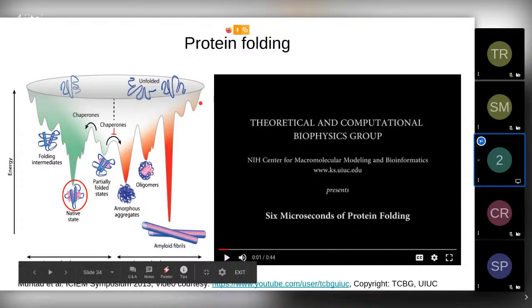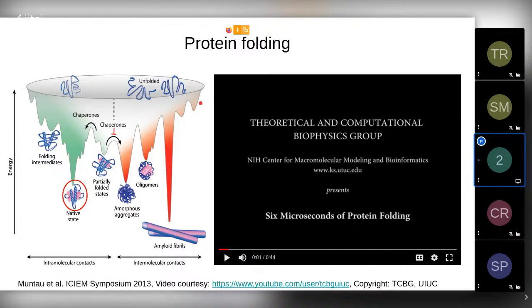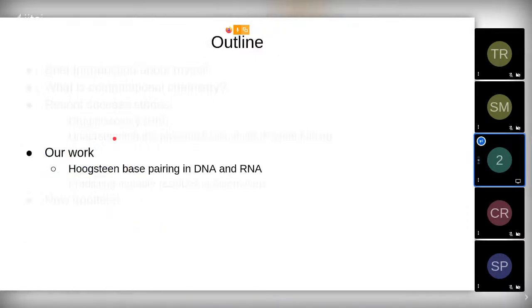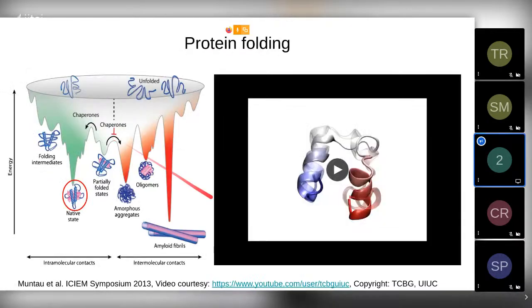The most accepted idea currently is this energy landscape idea, which is similar to the energy landscape that you have seen before in this mountain-like picture, with mountains and valleys.